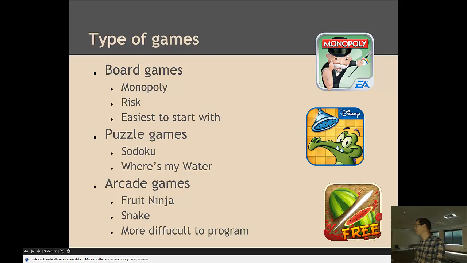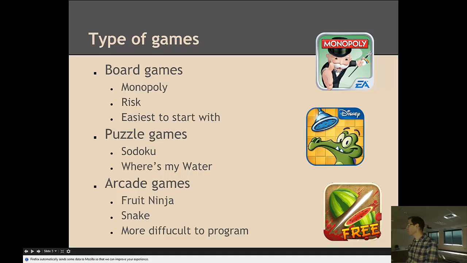There are a few different types of games that you can categorize into a few buckets. You can think of board games like Monopoly or Risk. These can be easier games to start with because there's not a lot of animation required. You also have puzzle games like Sudoku or Where's My Water. These can be easy also, depending on what type of puzzle you're developing. And if you want to get a little more complicated, you can do arcade games, like Fruit Ninja, Snake, anything where there are lots of animation sprites going around.